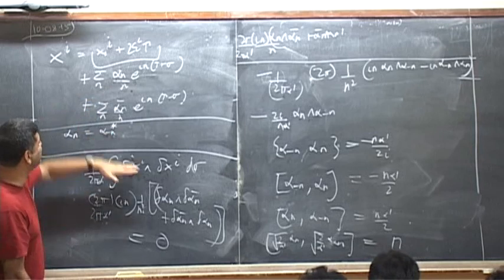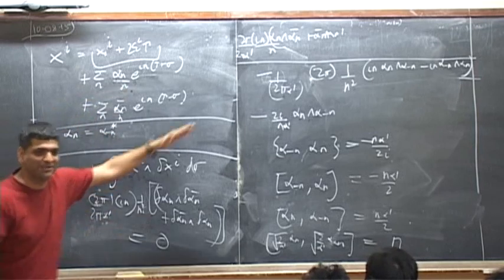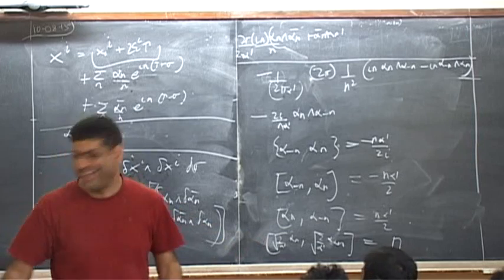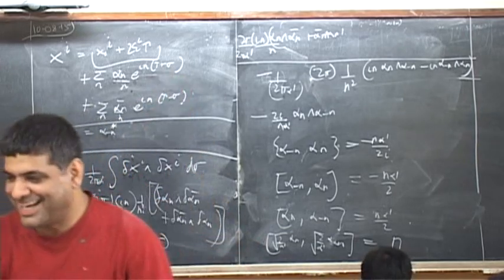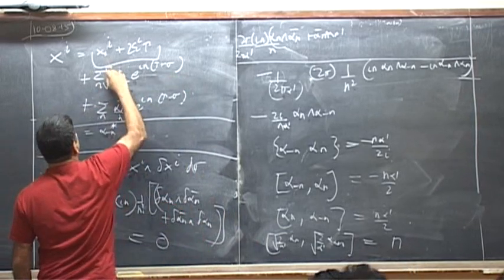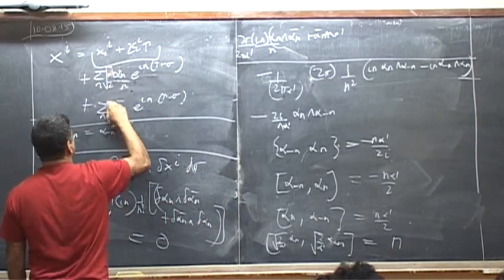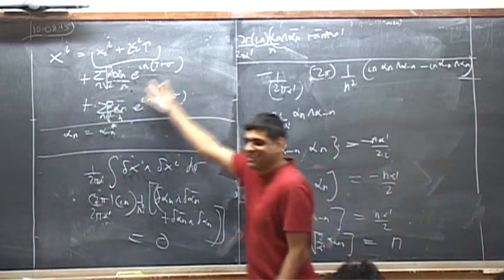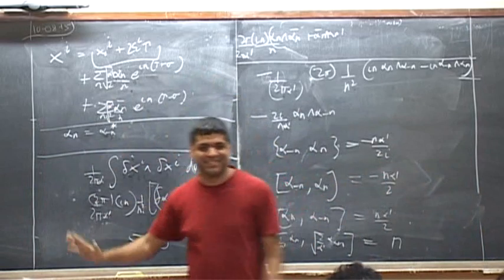If I'd been systematic about it, I would have put tildes all through here, which you should do in your notes. All of these were tildes, and now the actual expansion is square root alpha prime by 2, with no tildes. So we've magically removed the tildes from the board.